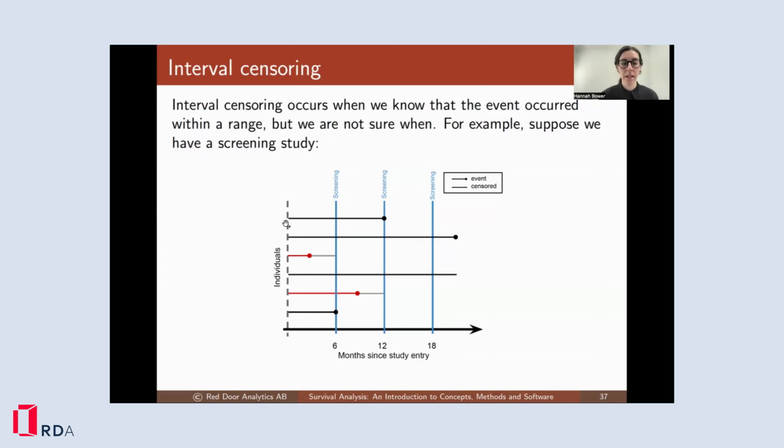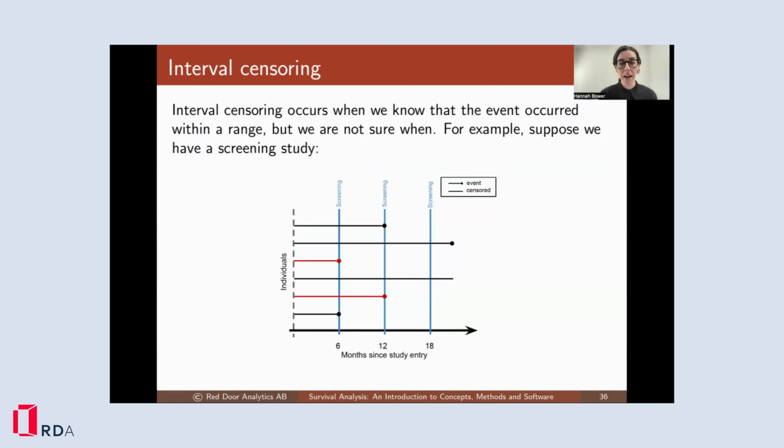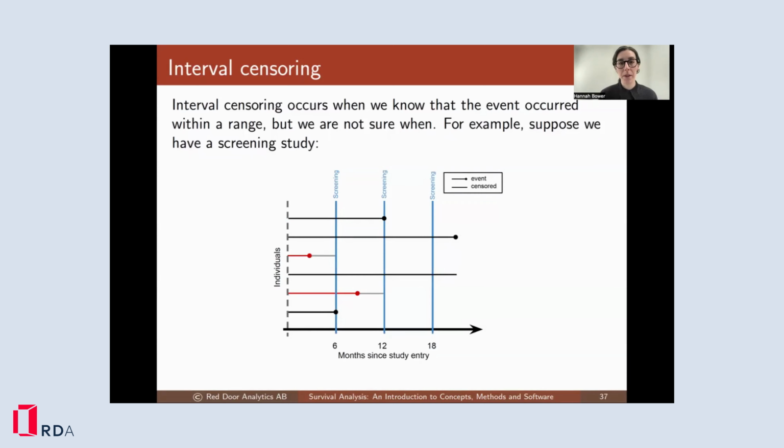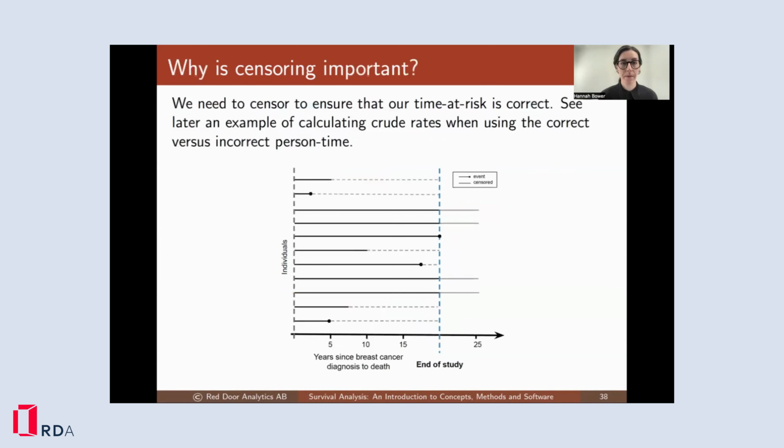So this is the time at which they had the event of interest, at around 3 months for the first red individual, but we would only detect it at screening at 6 months. This is what we mean when we say we have interval censoring: the event happened within a range, but we're not entirely sure when. For this individual, we would not know that this happened at around 3 months. We would just know that at 6 months, they had the event of interest.